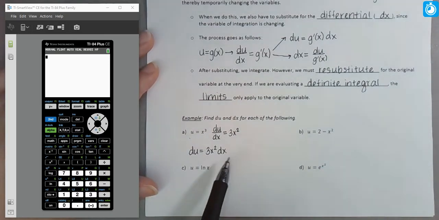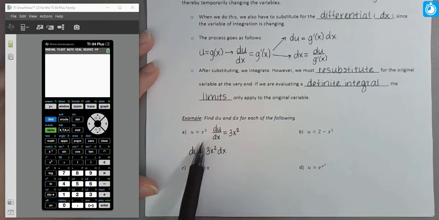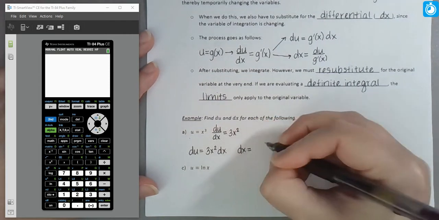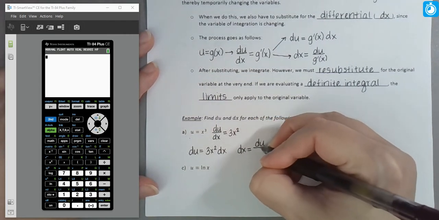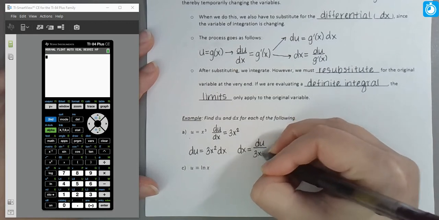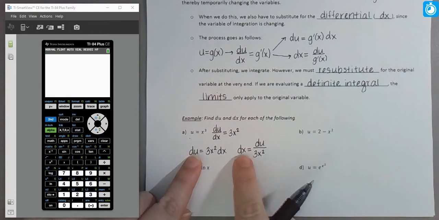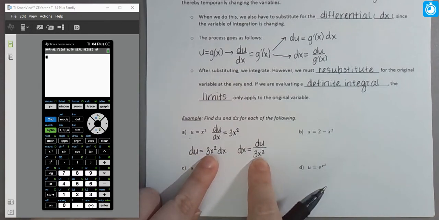Okay. And then if we want to solve for dx, well, now we can just divide by 3x squared, which moves it over and isolates dx. So equivalently, dx will be equal to du divided by 3x squared. So those will be the two expressions for our 2 different differentials.